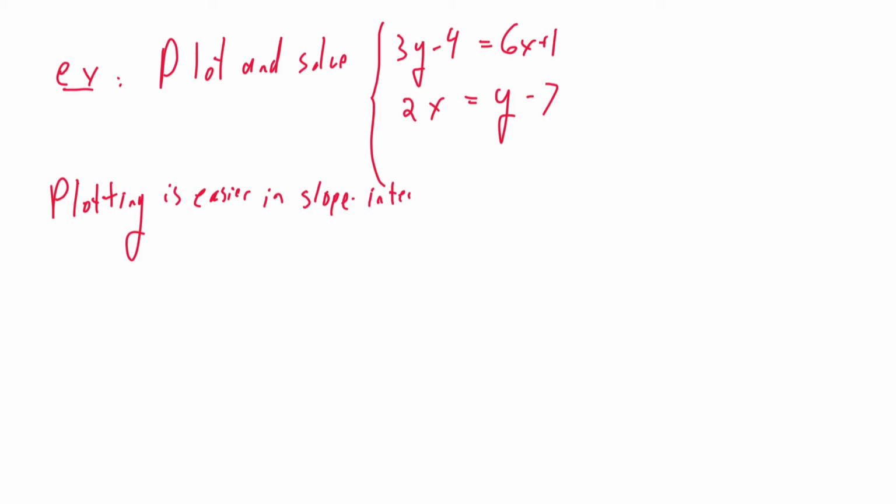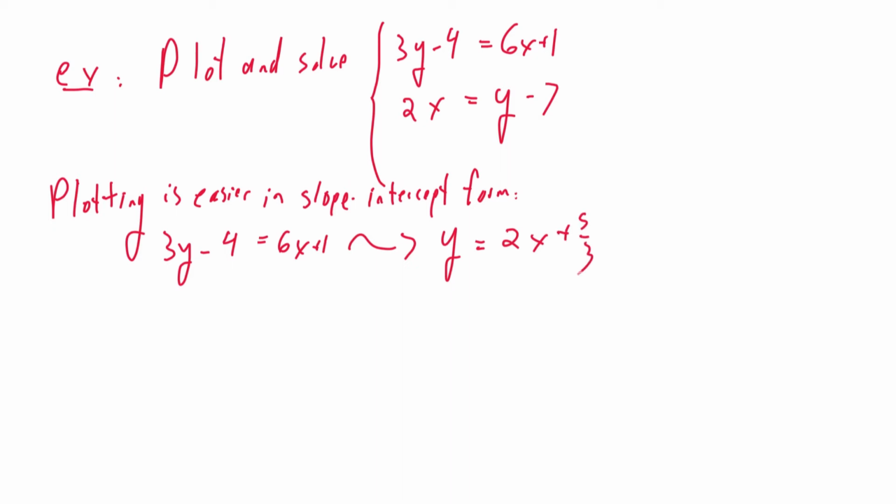So let's do that. 3y minus 4 equals 6x plus 1 is the same as saying y is equal to 2x plus 5/3, and 2x equals y minus 7 is the same as saying y equals 2x plus 7.